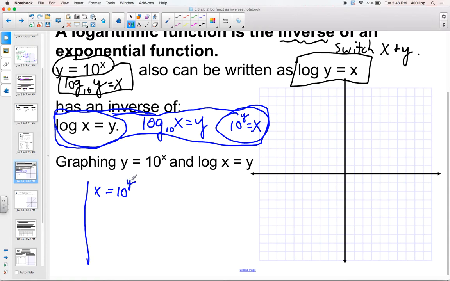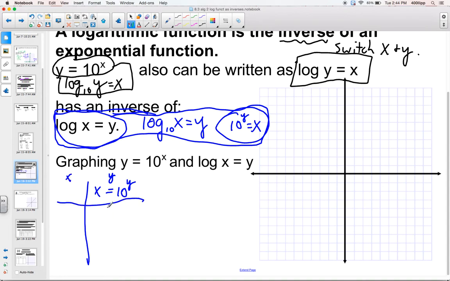The exponent here is your y. The easiest way to graph this is to plug in values for your exponent. So we're going to plug in values for your y and solve for x.